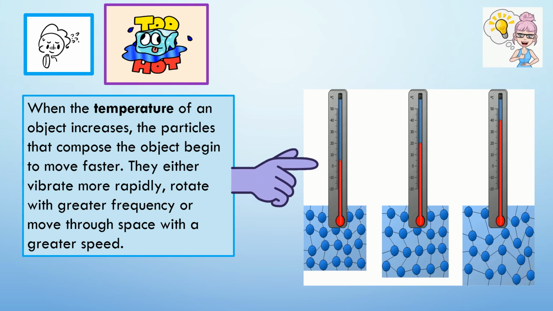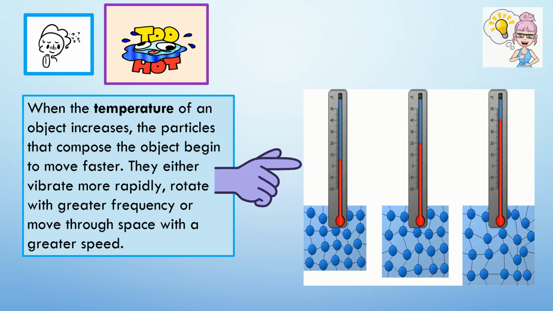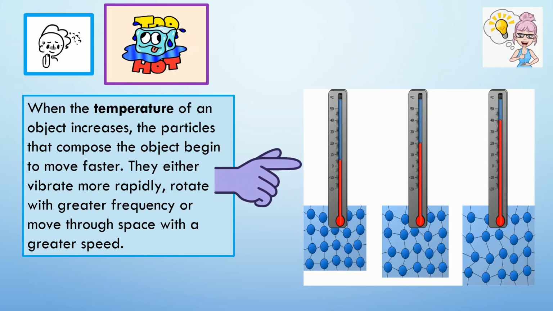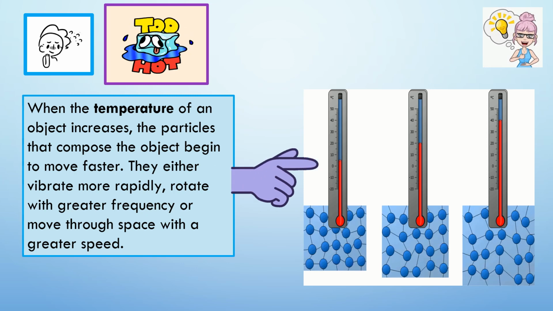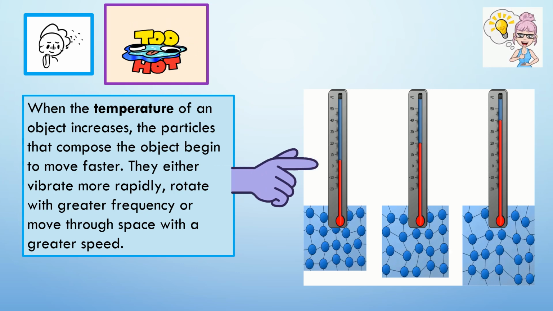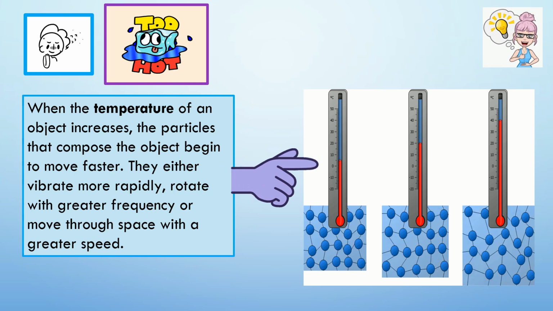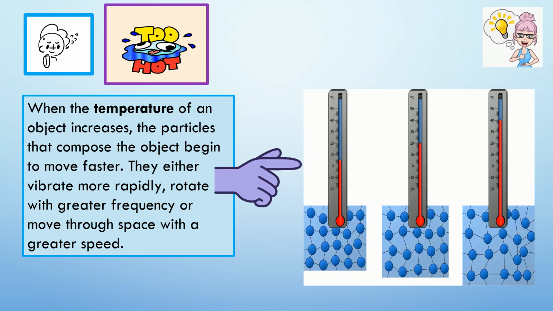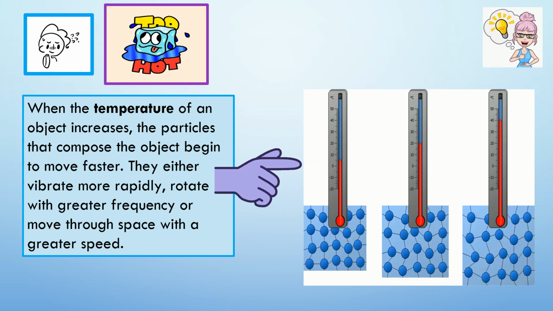Okay, so when the temperature of an object increases, the particles that compose the object begin to move faster. That is the reason why, if you notice, ito yung red, indication niya ng temperature. So, it indicates the amount of temperature. If you notice, mas mataas itong pangatlo. So, therefore, the molecule moves very fast. Sabi nga natin, as the temperature increases, the particles that compose the object begin to move faster.